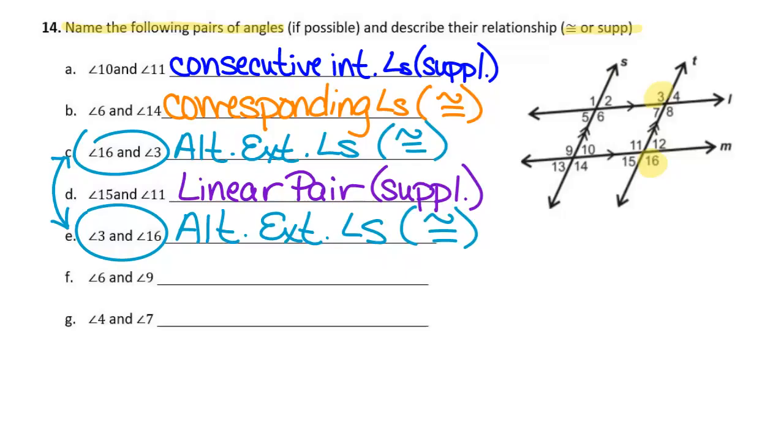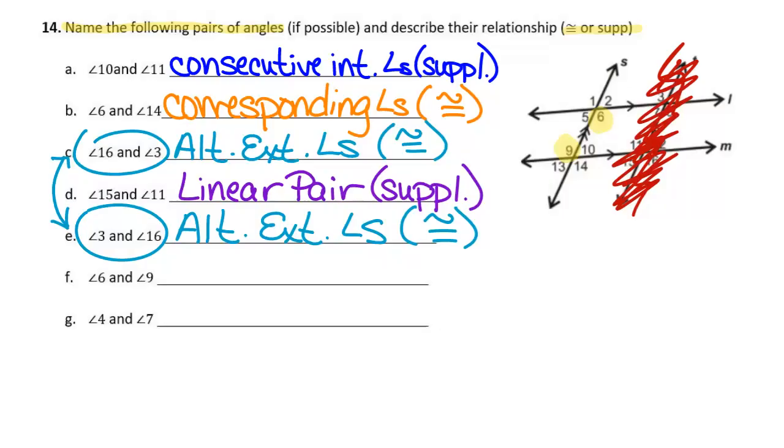All right, 6 and 9. 6 is here. 9 is here. What's the transversal that connects them? S. Which line doesn't touch either one? T. Interior, exterior, or one of each? One of each. Same side or opposite sides? Opposite sides. Are we sure it's one of each?